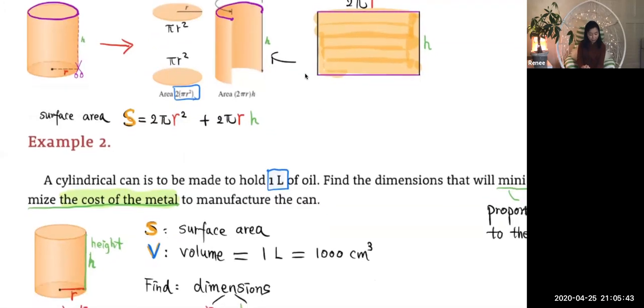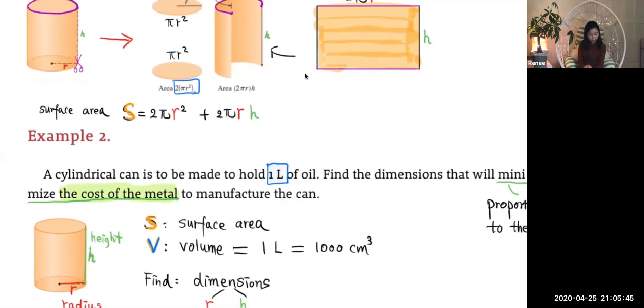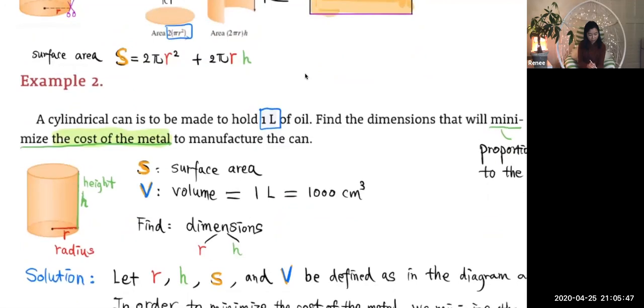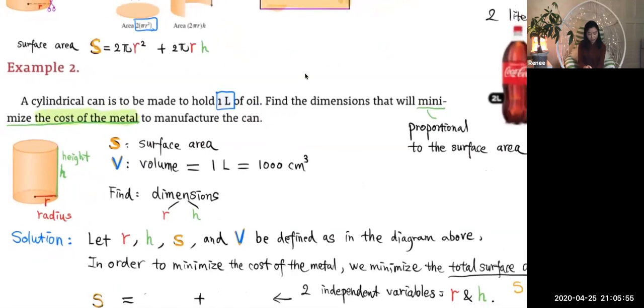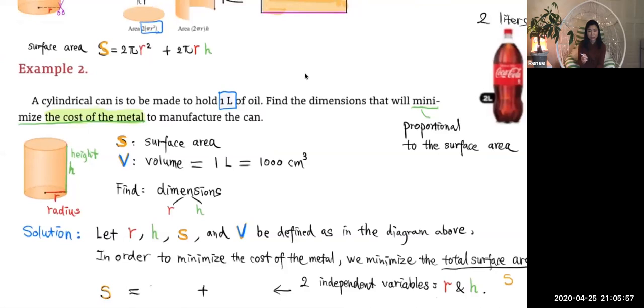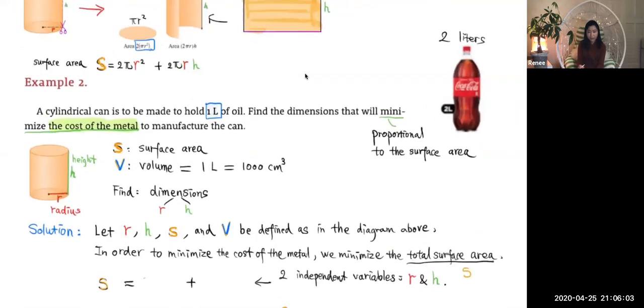Now, in this example 2, a cylindrical can is to be made to hold 1 liter of oil. You might wonder what 1 liter is.